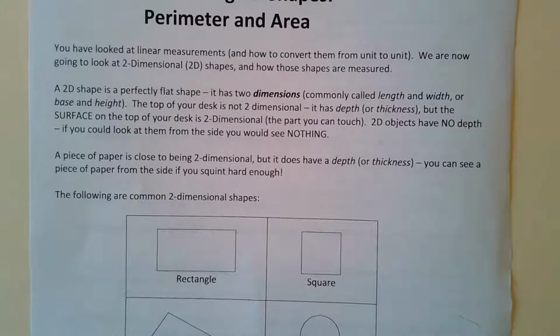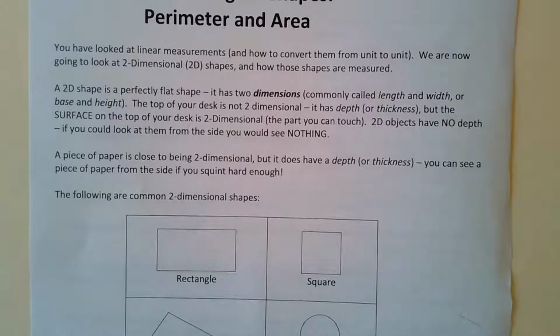Here we have the base, and we have a non-perpendicular angle. A circle is a different one because it has a curve, not a straight line. So these are referred to as 2D objects.